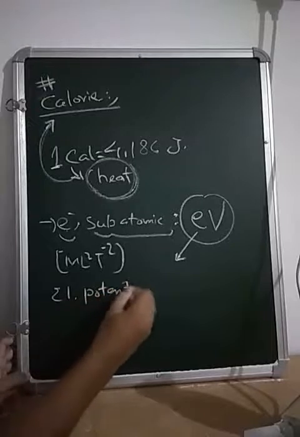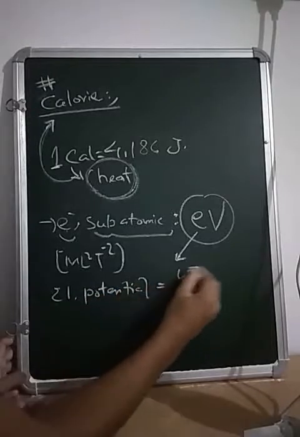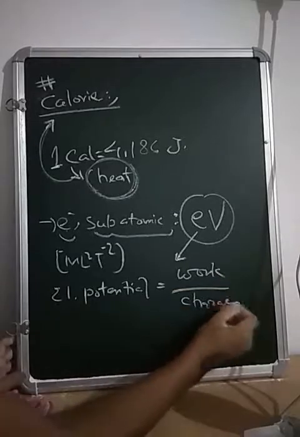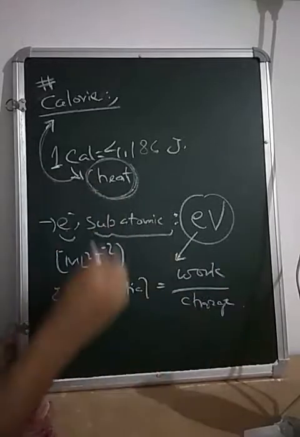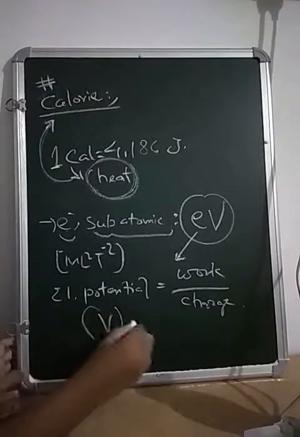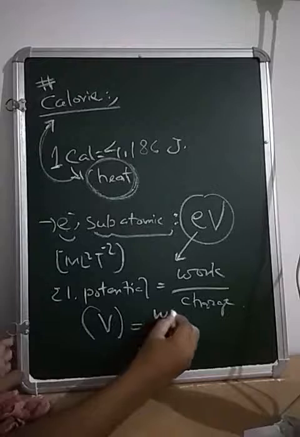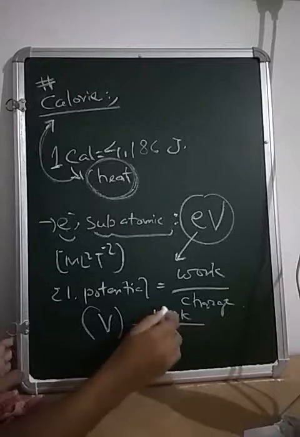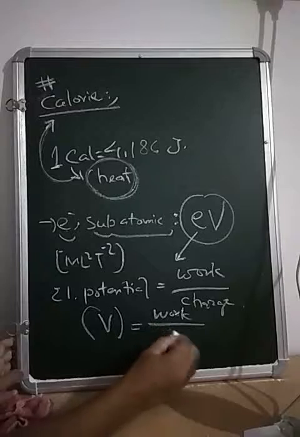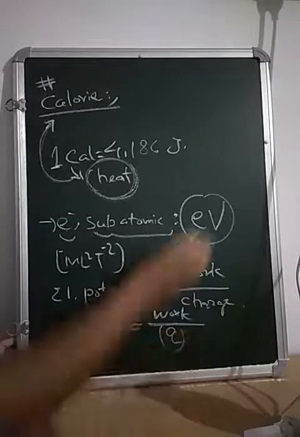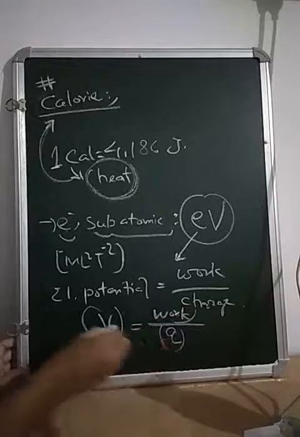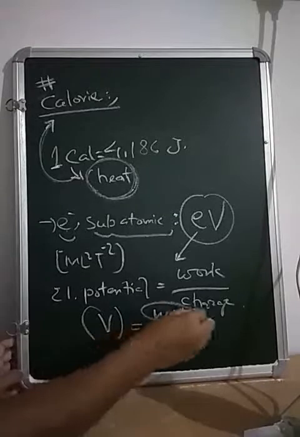Electric potential is V, voltage, or work, you can say energy, both have the same dimension, and charge is Q. If you multiply Q into V, we get the dimension of work.